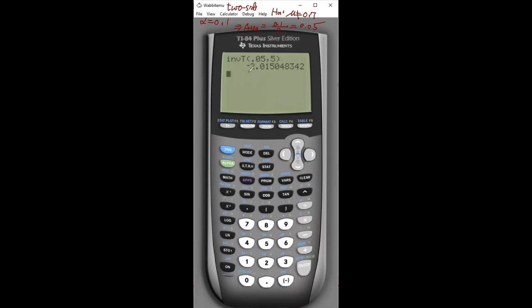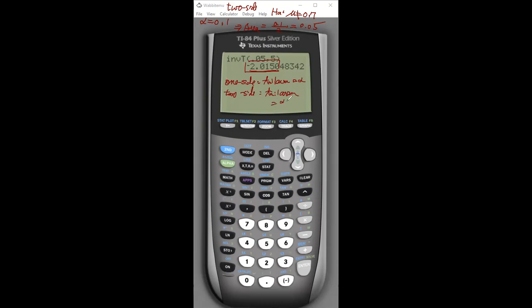Okay, you get that? So remember, if it's one-sided, then the tail area will just be equal to alpha. If it's two-sided, what is your tail area?